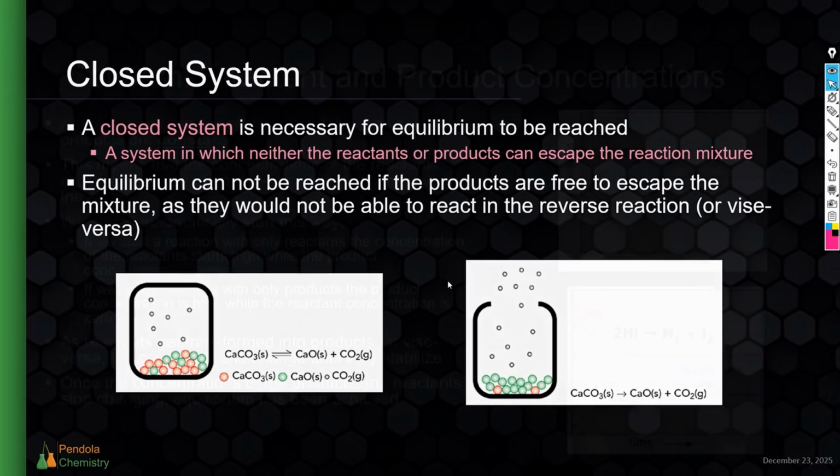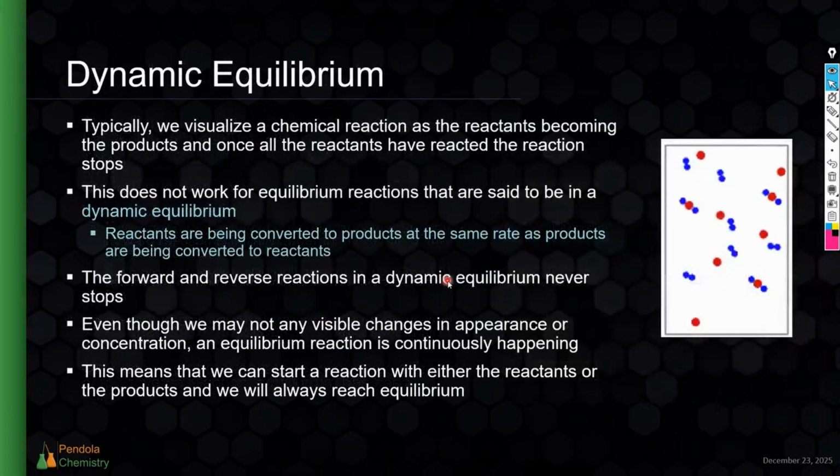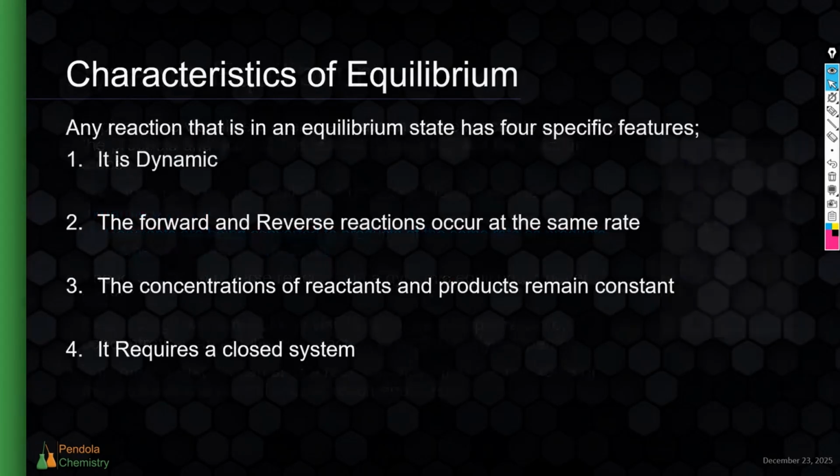So those are the four, going back to the equilibrium, those are the four things that are required for equilibrium state to be reached. We need to know that it's a dynamic equilibrium where the forward and reverse reactions are happening at the same time.